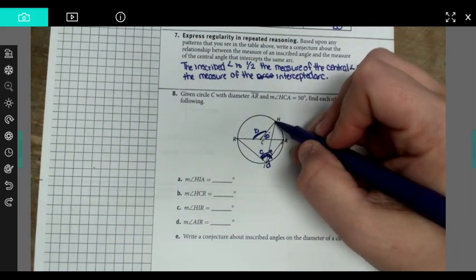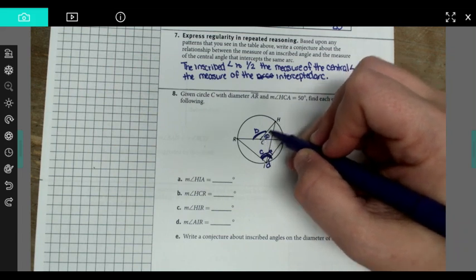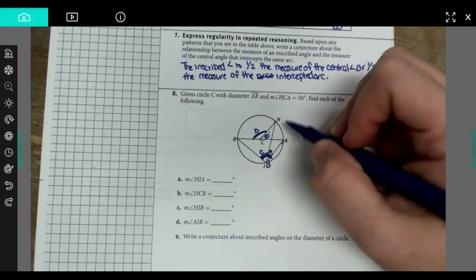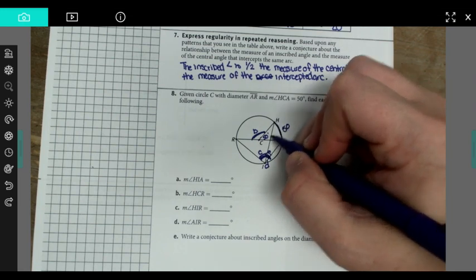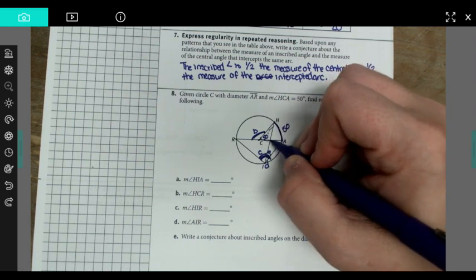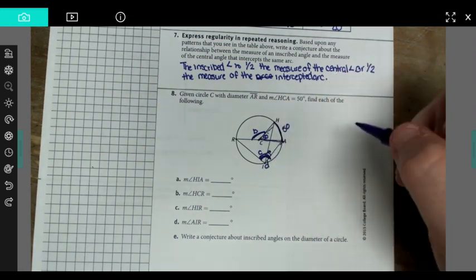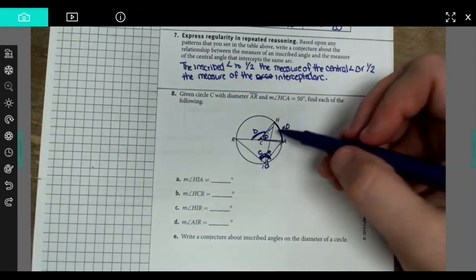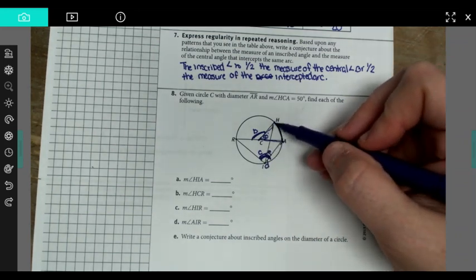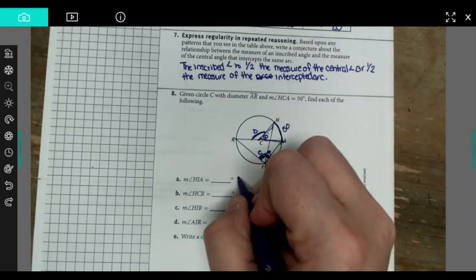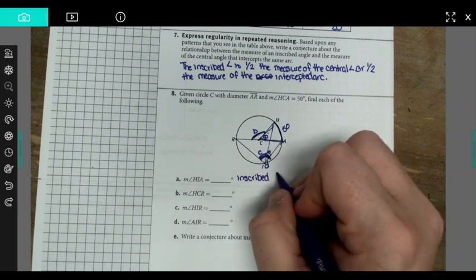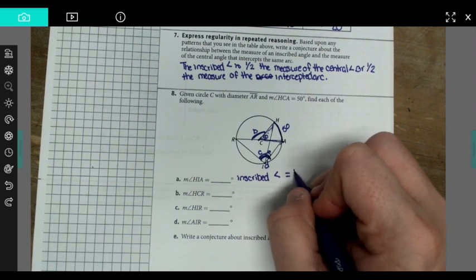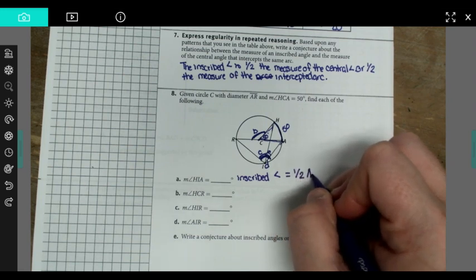Okay, I know that this is 50 degrees, right? HCA, that's what they gave me. This arc is 50 degrees because this angle measure is 50 degrees. Well, I want to know HIA. HIA is an inscribed angle, so it should be equal to half of HA.